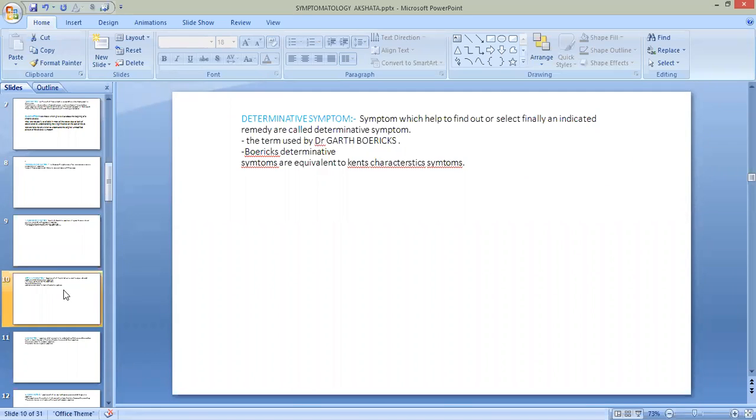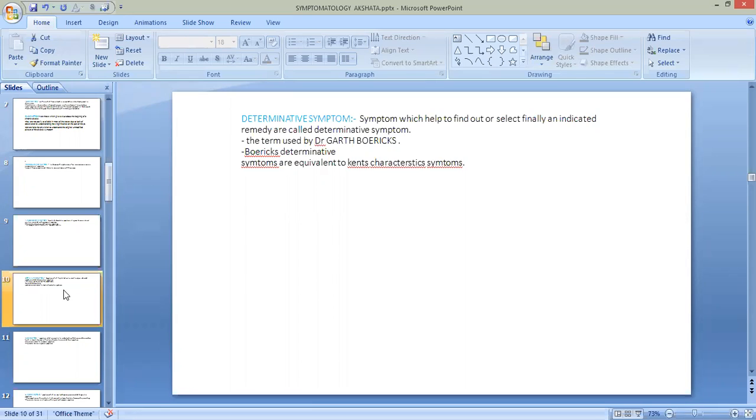This term determinative symptom was used first by Dr. Garth Borick. So it is also called as Borick's determinative symptom, and these symptoms are equivalent to Kent's characteristic symptom.